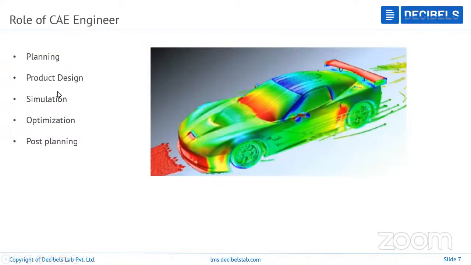Next comes simulation or analysis. After the planning, we need to analyze the component. After analysis, optimization. Optimization means we should tell the customers, or analyze in such a way, whether the material used is enough, or it is over material, or it requires less material.